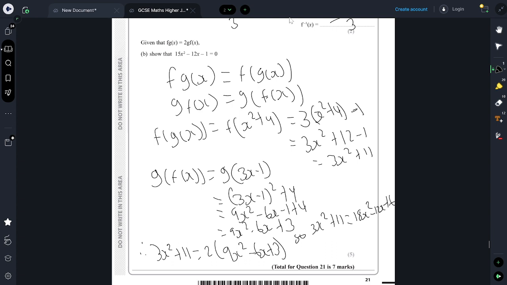And actually then bring the x squared. I think it's best to bring the x squared on here because it makes it positive. So 15x squared, if you subtract 3x squared from both sides, and then minus 12x, and then minus 11 from both sides. That's 6 minus 11. And we've gone wrong somewhere, because that should be minus 1 apparently.